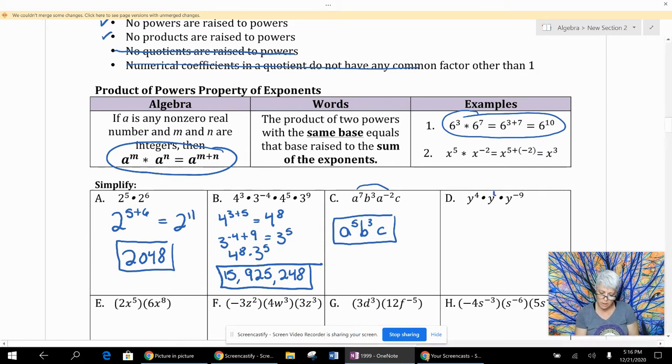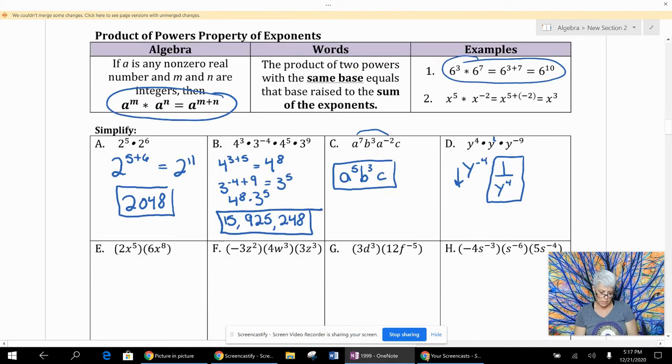So this is going to be 4 plus 1 plus a negative 9, which is Y to the negative 4. You remember our rules from yesterday. We have to push it down. So it becomes Y over 4. And now I'm done.